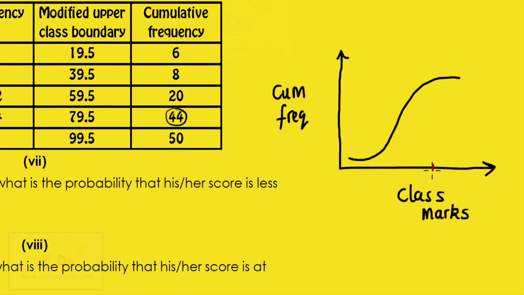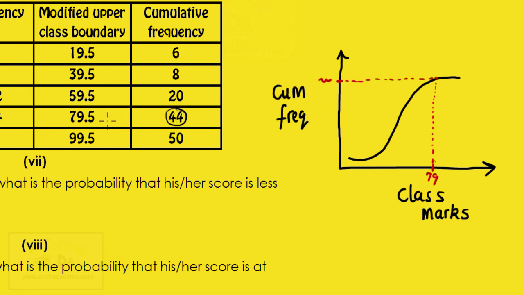So you locate 79 maybe somewhere here. 79 is a mark, so we're reading 79 off the class marks, and you find the corresponding cumulative frequency. And you read off that value. Whatever you get is going to be the number of students that scored less than or equal to 79. And it's going to be approximately 44.